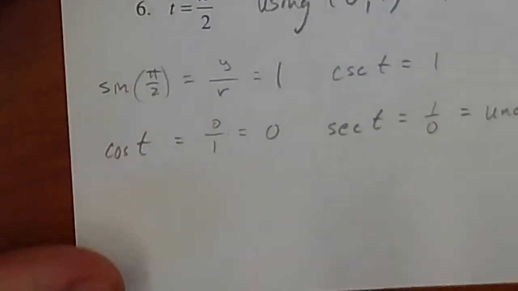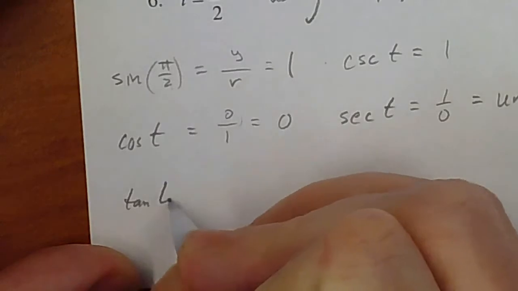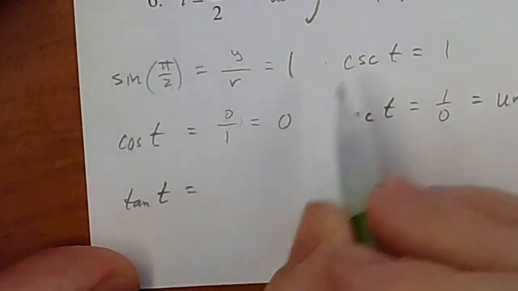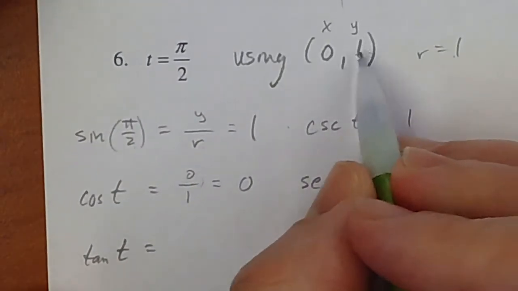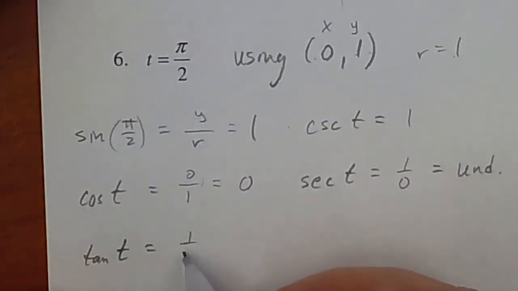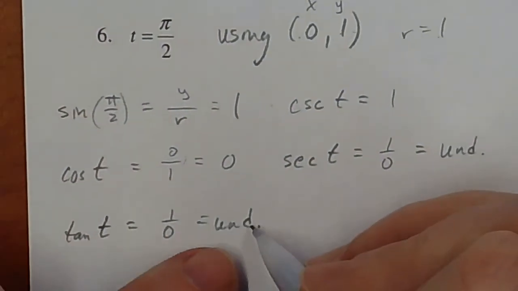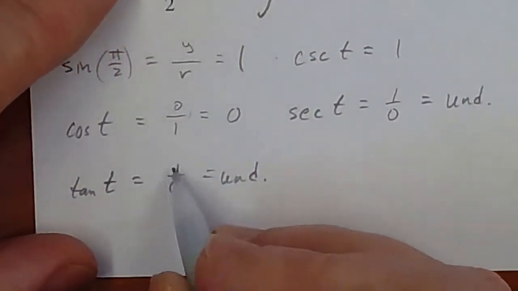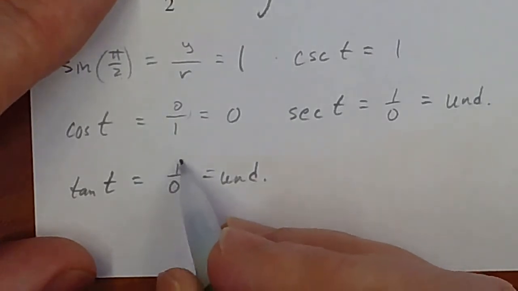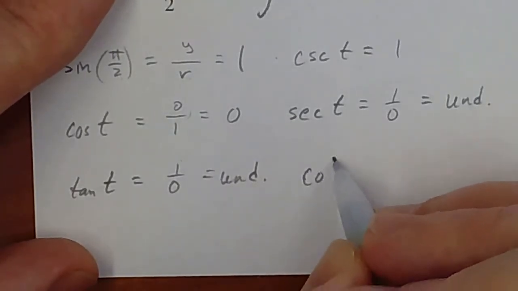All right, and 2 more. Tangent of angle t is defined as y over x, so 1 over 0, which is undefined as well. You can't really take a reciprocal of undefined, so you just go back a step and flip over the definition. Instead of y over x, cotangent is x over y.